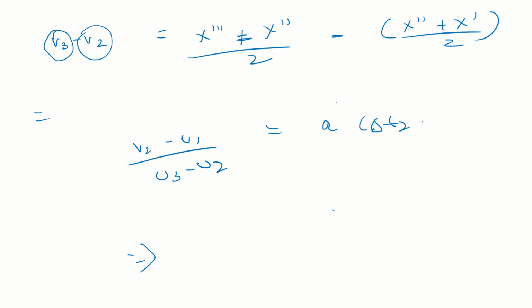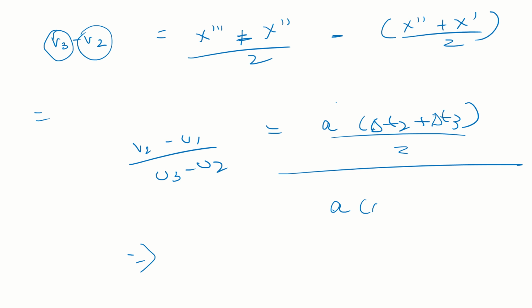So that will be (delta T1 + delta T3) upon 2, whole upon delta T2. I think it was delta T1 plus T2, I don't remember now. I think it was just this. If it's wrong we'll just say okay, all by 2.